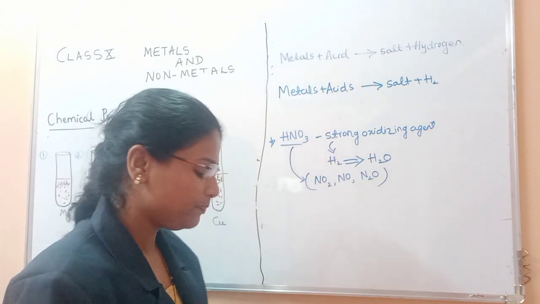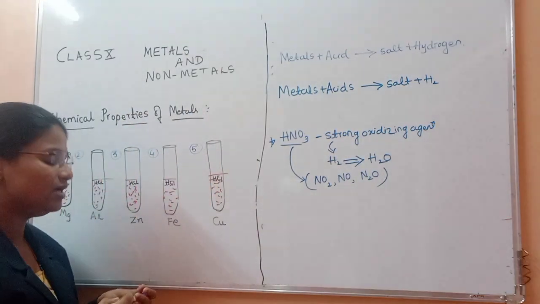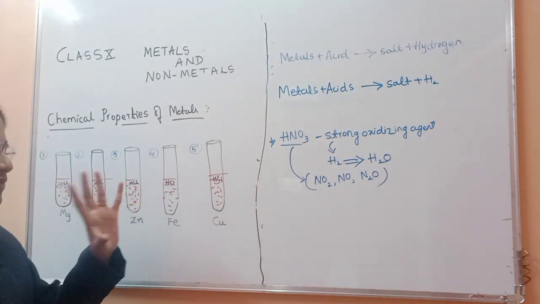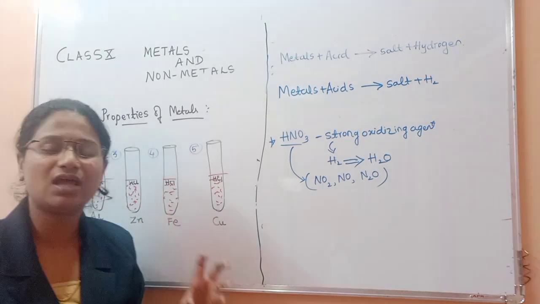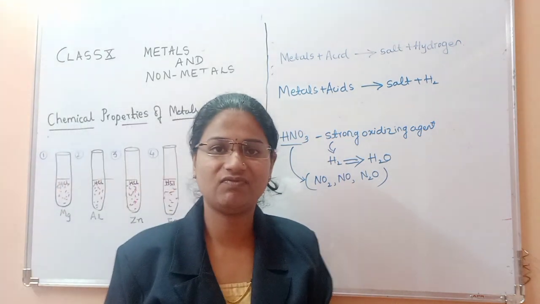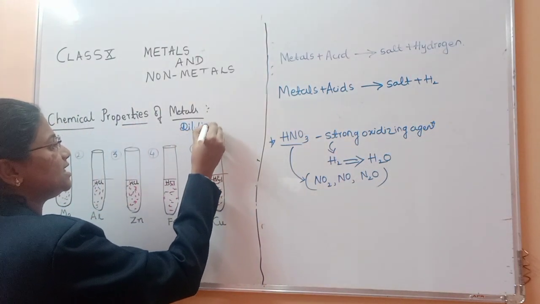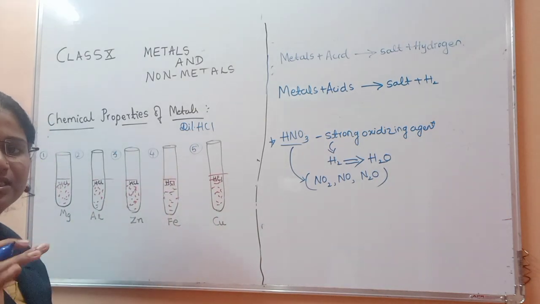Now, to understand this, we have to understand one activity. In the activity, we consider 5 test tubes. In all the test tubes, let us put an equal amount of dilute hydrochloric acid, about 5 ml in each test tube.